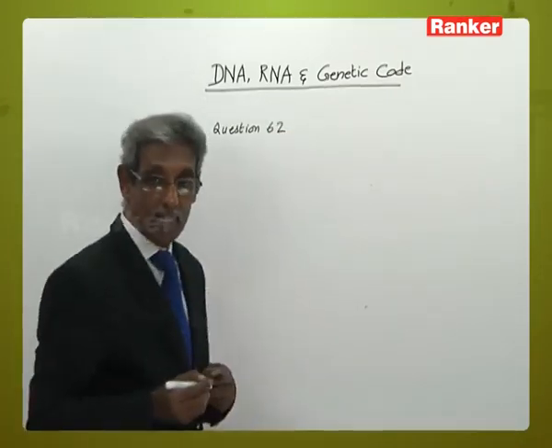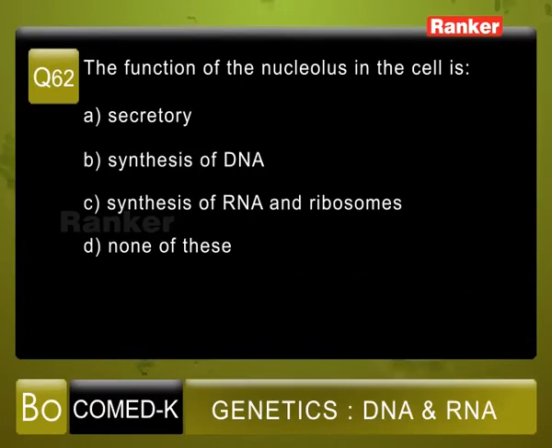Question 62 asks, the function of the nucleolus in the cell is. The nucleolus is not secretory. Option A is wrong. Nucleolus is not involved in the synthesis of the DNA, B. But it is involved in the synthesis of the RNA and the ribosomes.